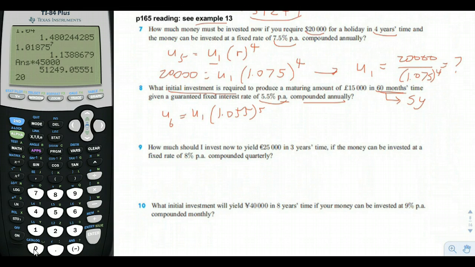We do know U6, so U6 is going to be 15,000. U1 is going to be unknown for now, and then we have the R factor to the fifth. And so the algebra would have us divide both sides by 1.055 to the fifth, and so that would give us 15,000 divided by 1.055 to the fifth, and then you could just work that out on your calculator.